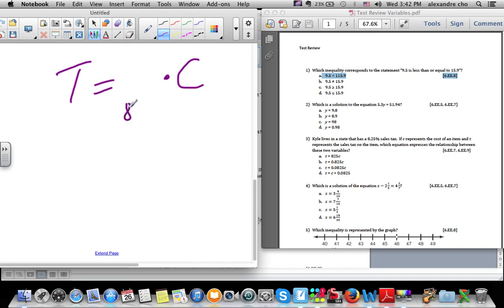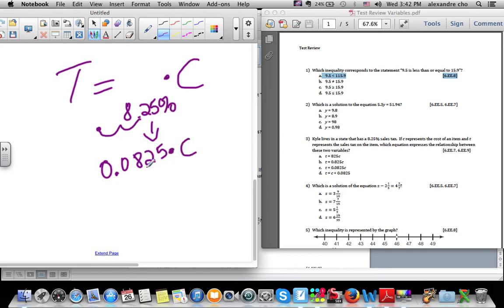Now, the sales tax is 8.25%, and I'm hoping you remember that you can't multiply something that is in a percent format. So you've got to change this to a decimal. Move the decimal 2 spaces to the left, 1, 2, and you get 0.0825. And the only answer that has that, by the way, is 0.0825 times C, the cost of the item.